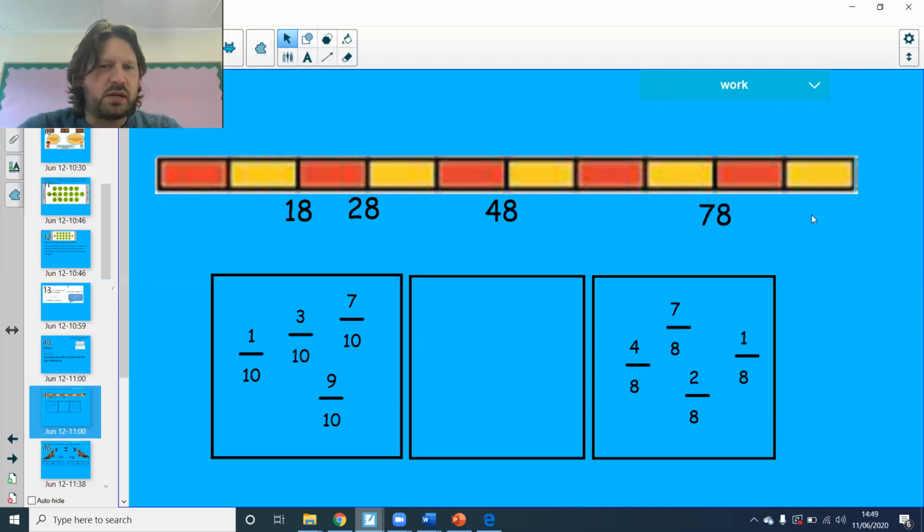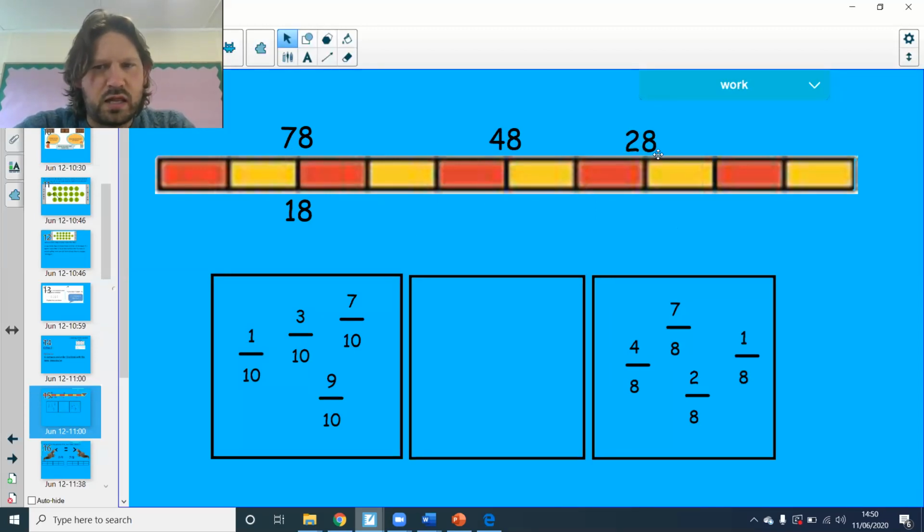Now, I've ordered these numbers from smallest to largest. I could have done it exactly the same in reverse. So I could have had 78 here, and I could have had 48 there, 28, and 18.